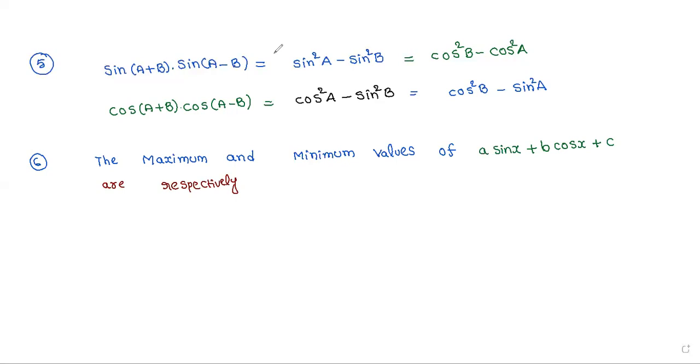So very important. If an equation is of the form a sin x plus b cos x plus c, then the maximum value and minimum value is given by the formula: c plus or minus square root of a square plus b square. Right?